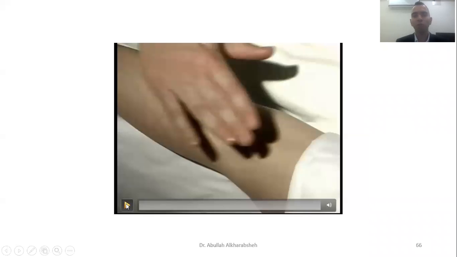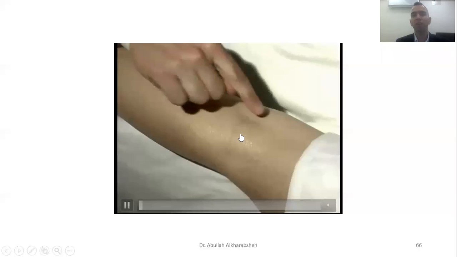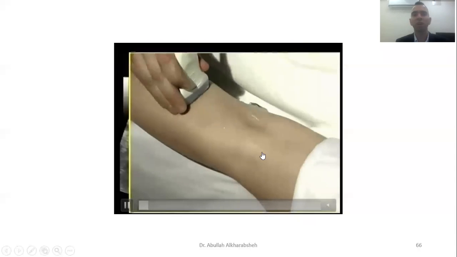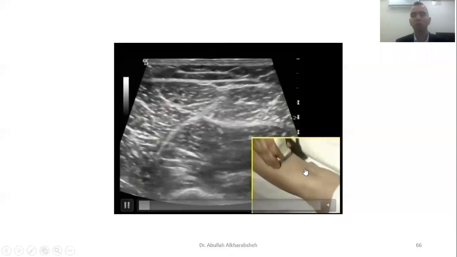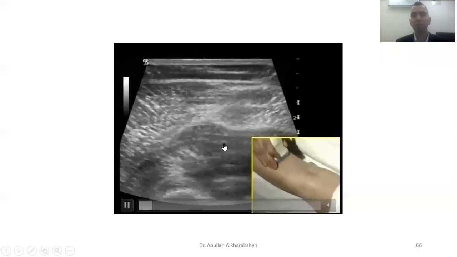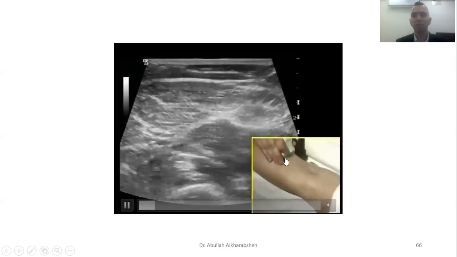Here, how we do posterior compartment ultrasound scanning of the knee joint. As we see here, we should examine the gastrocnemius muscle, medial and lateral gastrocnemius, and we should examine the posterior cruciate ligaments. Middle and lateral here.